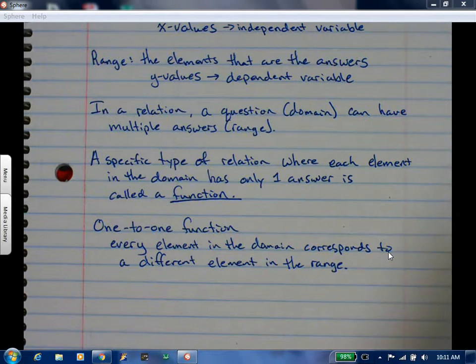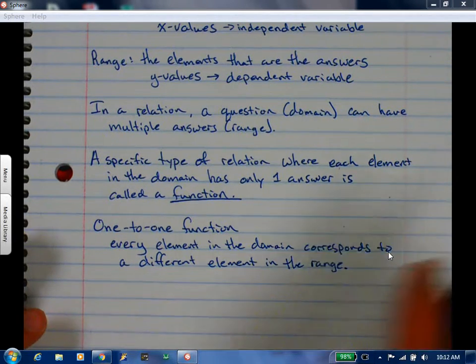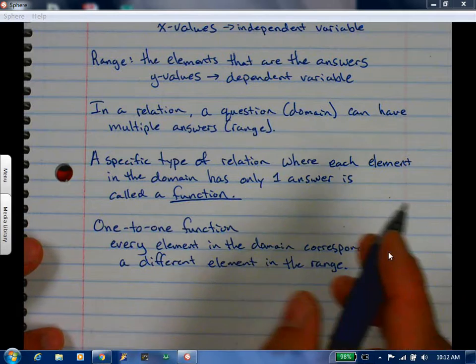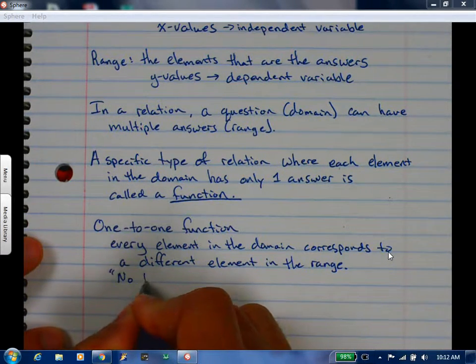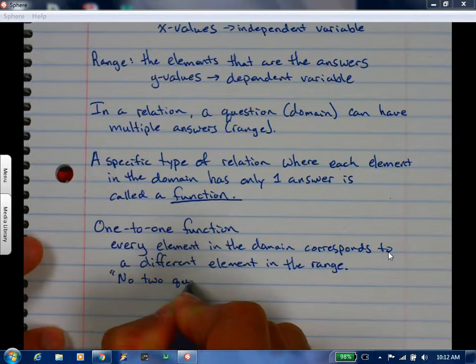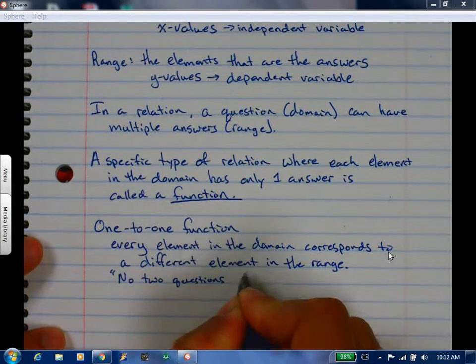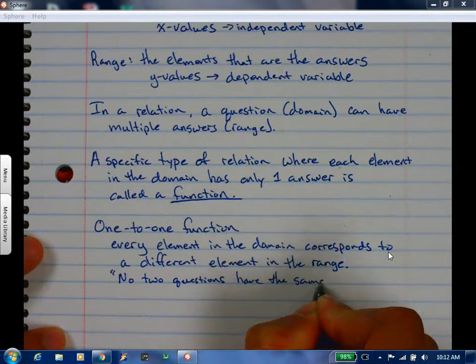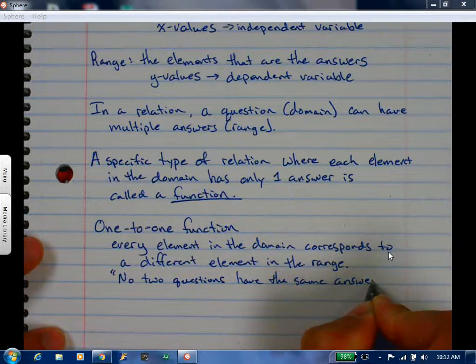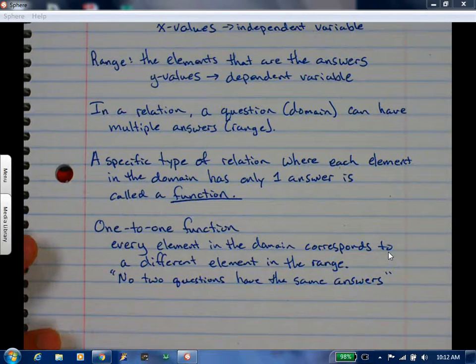That's the more mathy word. We can also say no two questions have the same answer. A one-to-one function is even more specific: no two questions have the same answers.